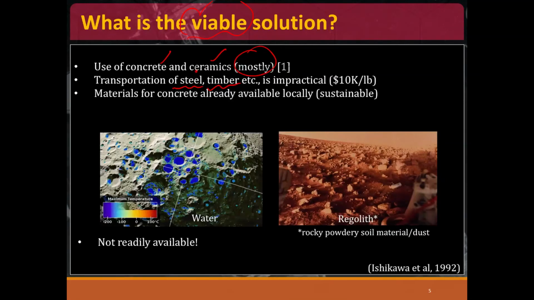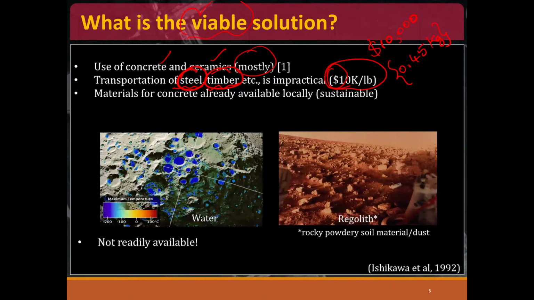For example, to transport 1 pound, which is 0.45 kilograms, of any material from Earth to space costs almost 10,000 US dollars. So it's highly expensive for any transportation.